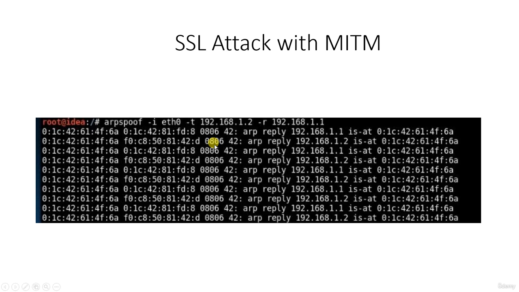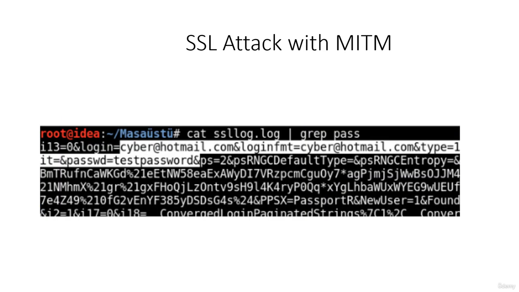When you enter this command in the terminal, it will give you the password in a log file. As you can see, the attacker can see the password in the SSL strip log file from the Kali Linux machine terminal. The username is cyber@hotmail.com, and the password is a test password for testing purposes. The attacker can do this because SSL strip downgrades HTTPS to HTTP on the victim computer.